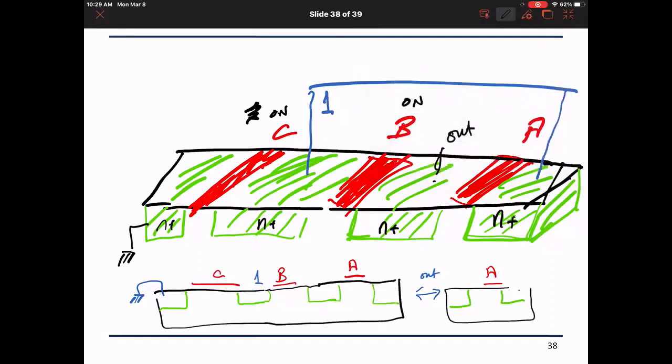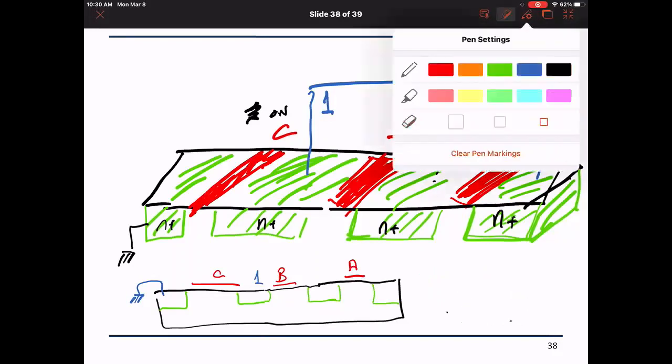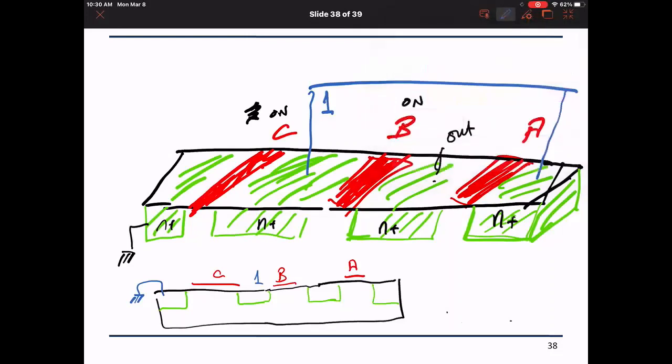Okay, what happened is we now have common diffusions, right? If we follow them with the labeling we used in the Euler path. This is node 1, this is the common node out, and this is node 1. And what we did, we connected them through a contact.